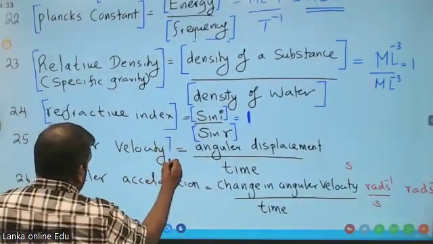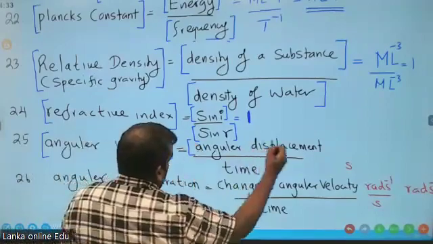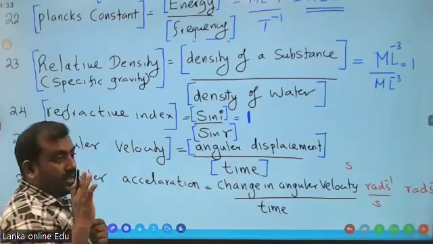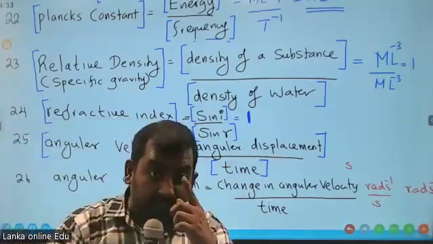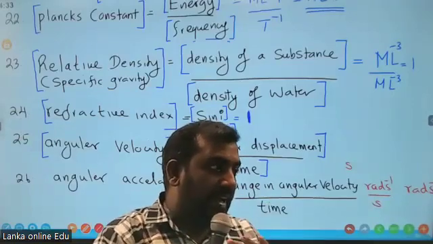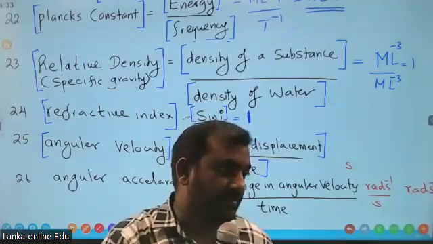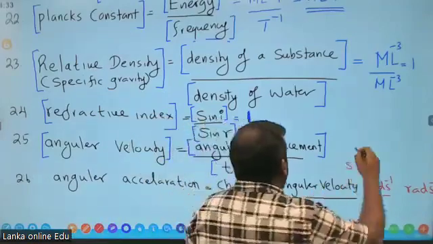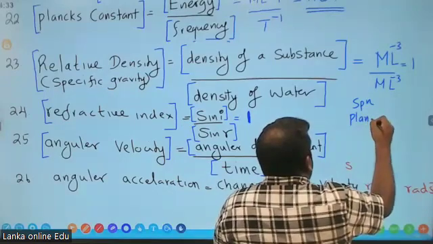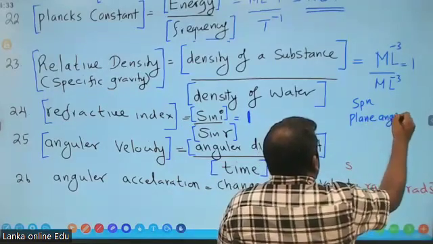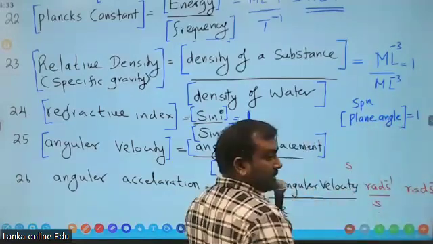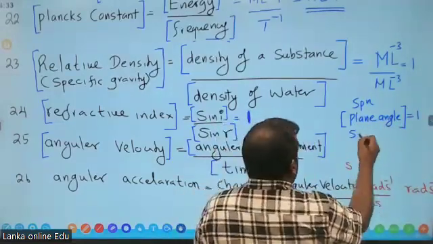Angular velocity is angular displacement divided by time. Listen very carefully. Special note: supplementary quantities are dimensionless. Supplementary quantities means what? Plane angle and solid angle.